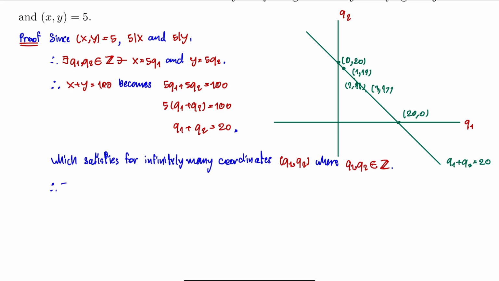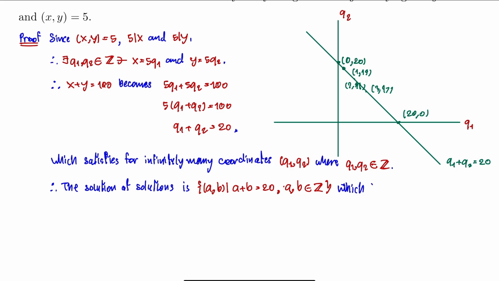Or you might say the set of solutions is the set of ordered pairs (A, B) such that A plus B equal to 20 and A and B are integers, which is a countably infinite set.